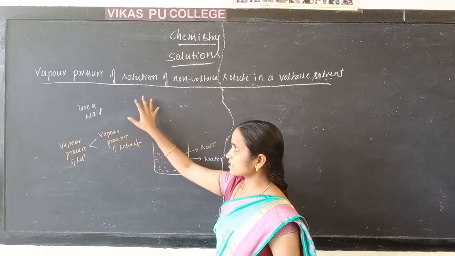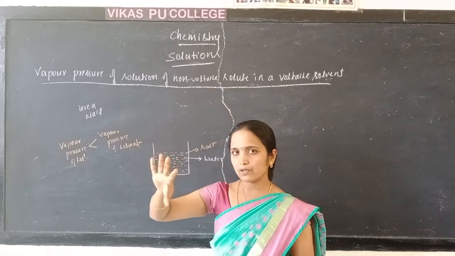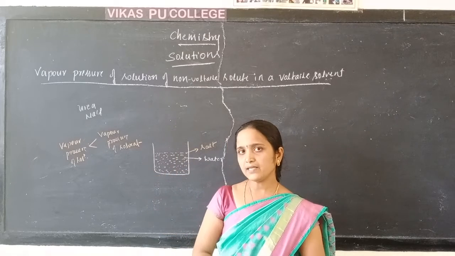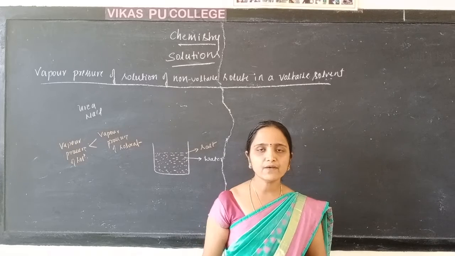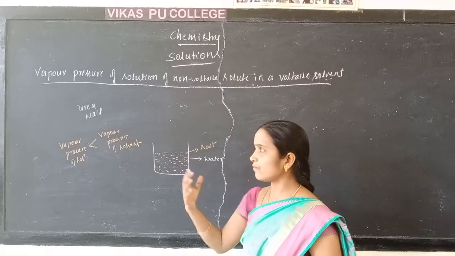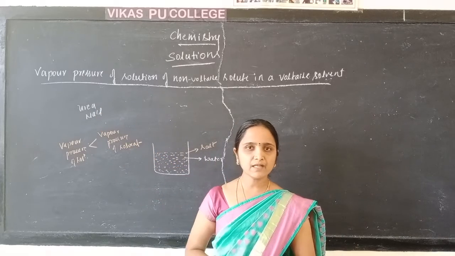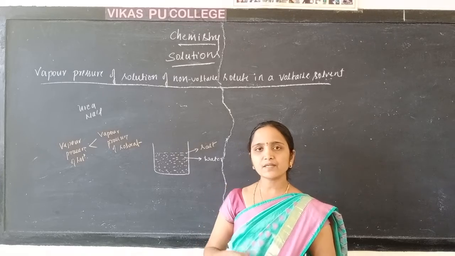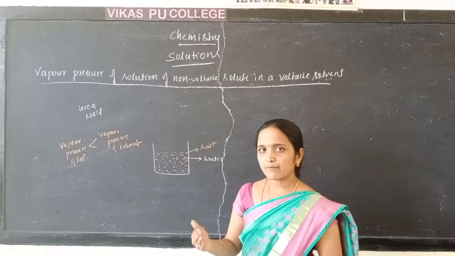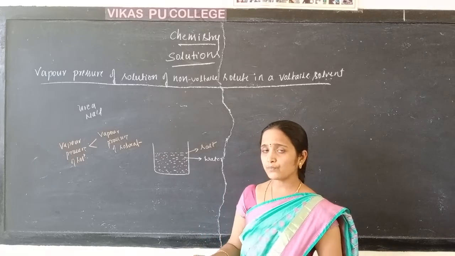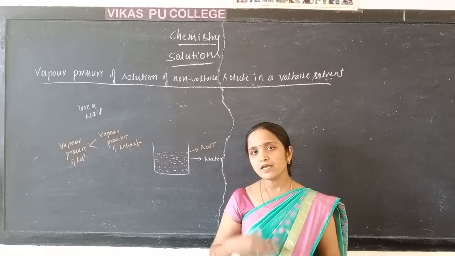In this case we are adding the non-volatile solute to the volatile solvent. ಅಂದ್ರೆ ನಾನ್ ವಾಲಟೈಲ್ ಸಾಲ್ಯೂಟ್ ನಾವು ಏನು ಮಾಡ್ತಾ ಇದೀವಿ, ವಾಲಟೈಲ್ ಸಾಲ್ವೆಂಟ್ ಗೆ ಆಡ್ ಮಾಡ್ತಾ ಇದೀವಿ. ನಾನ್ ವಾಲಟೈಲ್ ಸಾಲ್ಯೂಟ್ಸ್ ಯಾವುದು? ಇಲ್ಲಿ ಯೂರಿಯಾ, ಸಾಲ್ಟ್, ಶುಗರ್ ಇವೆಲ್ಲ ನಾನ್ ವಾಲಟೈಲ್ ಸಾಲ್ಯೂಟ್ಸ್. ಇದನ್ನ ನಾವು ಏನು ಮಾಡ್ತಾ ಇದೀವಿ, ವಾಟರ್ ಗೆ ಆಡ್ ಮಾಡ್ತಾ ಇದೀವಿ. ಯಾವಾಗ ವಾಟರ್ ಗೆ ಆಡ್ ಮಾಡ್ತೀವೋ at that time the vapor pressure of the solution decreases when compared to the pure solvent.